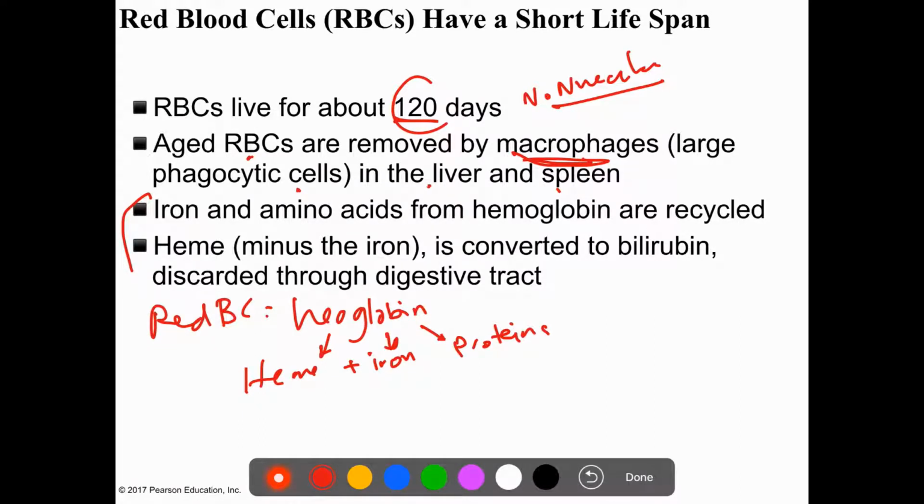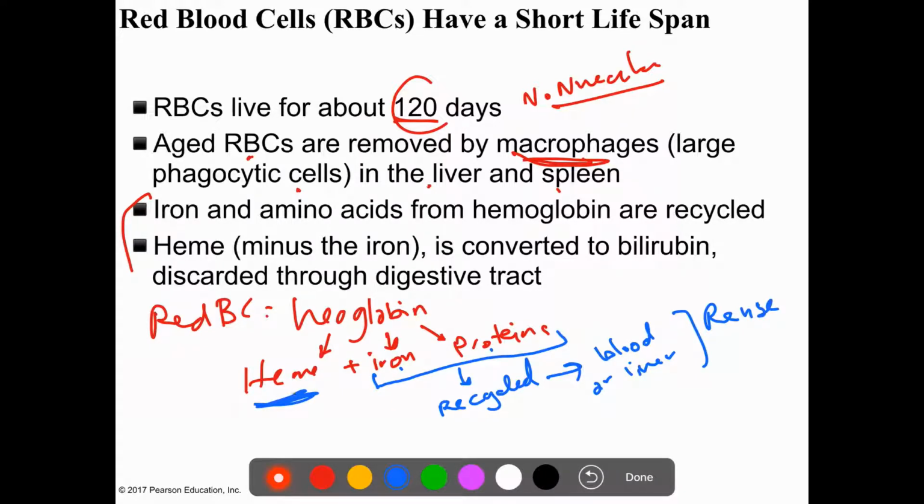Okay, so what happens in the liver and in the spleen, mainly in the spleen, is that these two, the iron and the proteins, would be recycled, sent back to the blood, or stored in the liver for reuse.